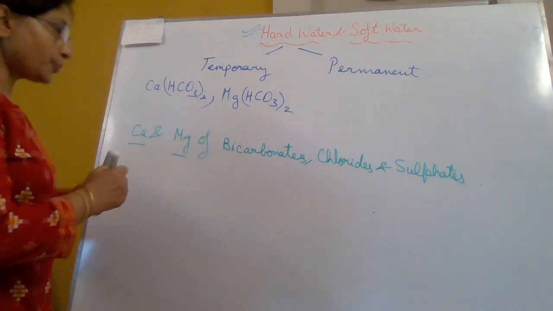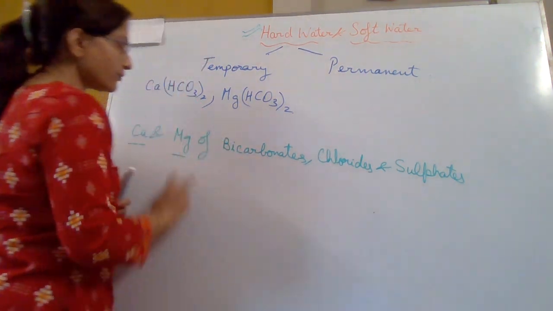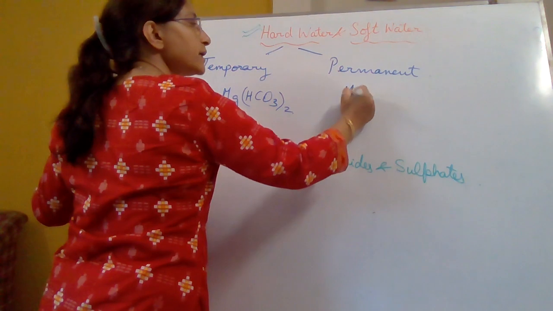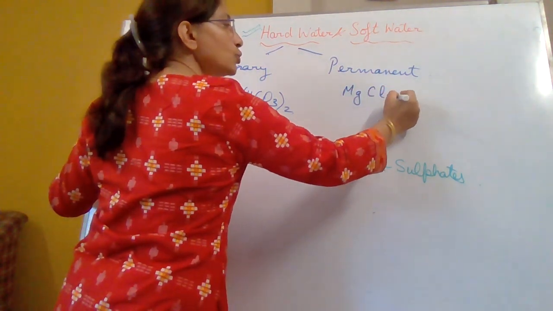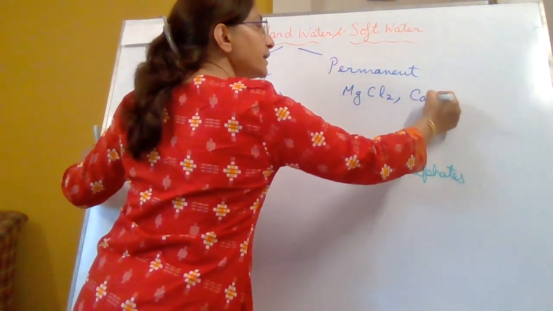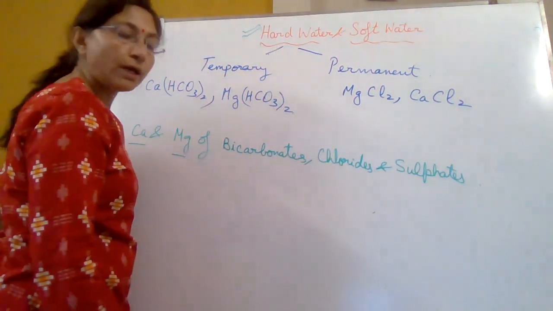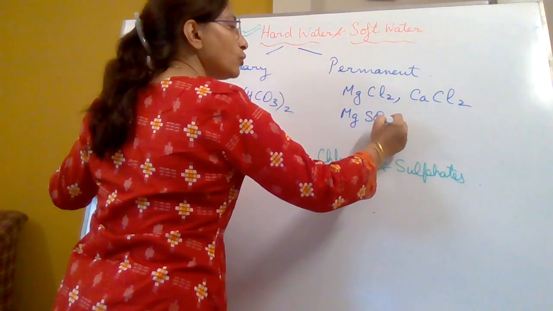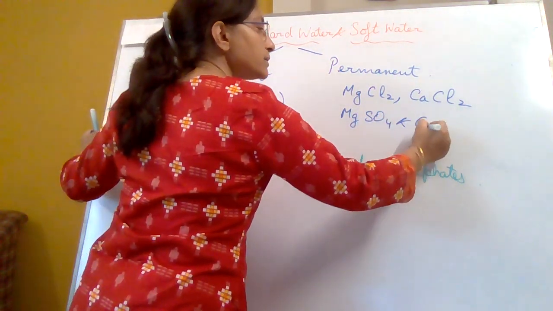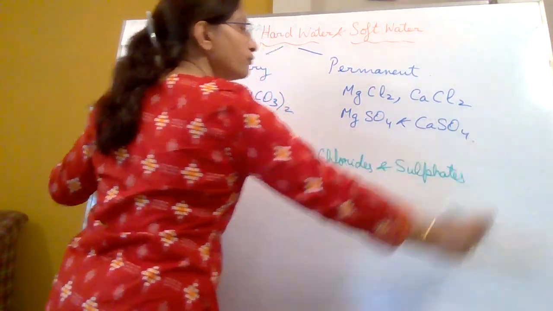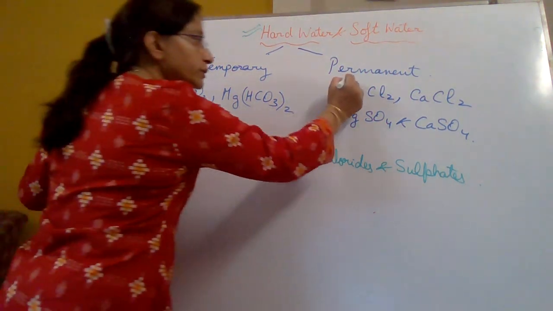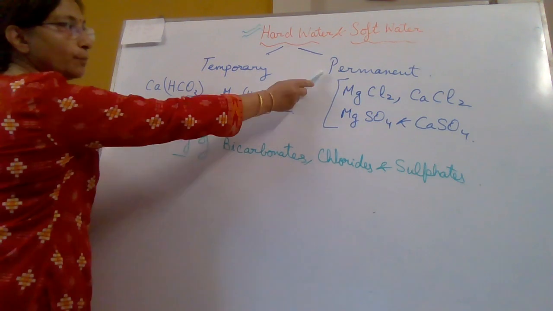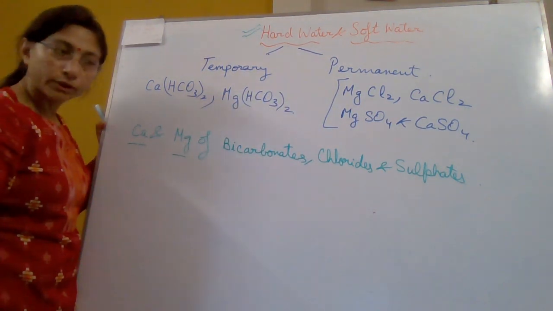But the presence of chlorides and sulfates of calcium and magnesium, that is MgCl2 and CaCl2, also MgSO4 and CaSO4, these four types of salts are responsible for the permanent hardness of the water.